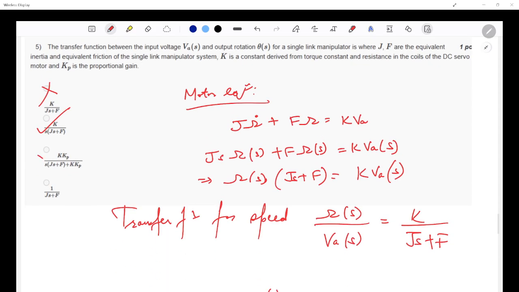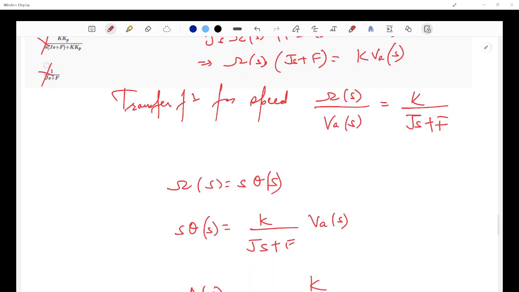The third option is also incorrect because this is a closed loop transfer function. The question asked just for the open loop transfer function. The fourth one is missing the motor constant k, and it is also only speed related, so this is also wrong. I think it is clear.